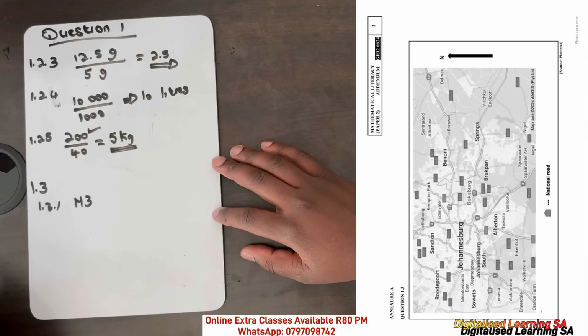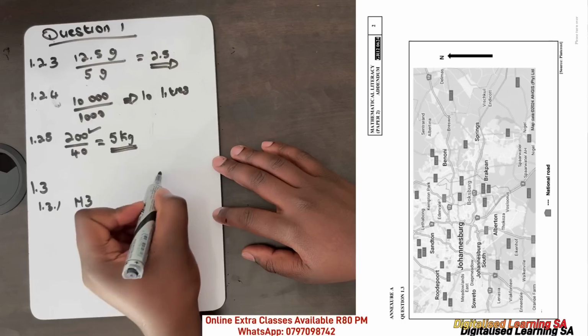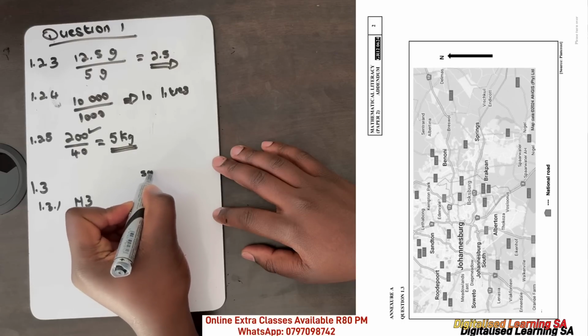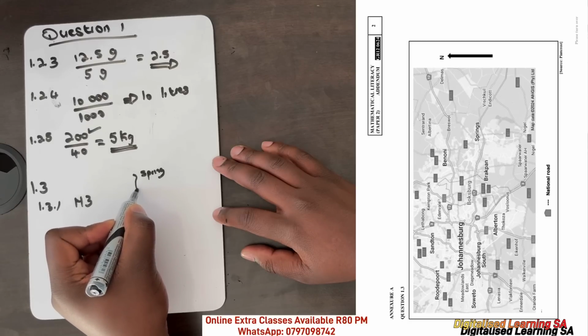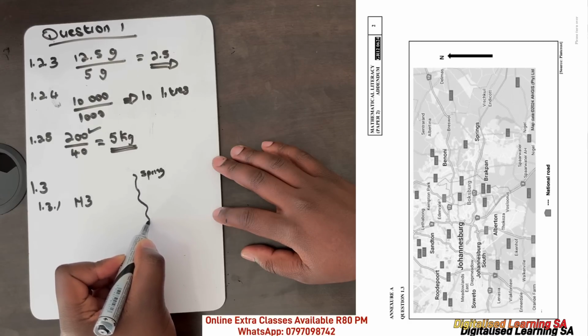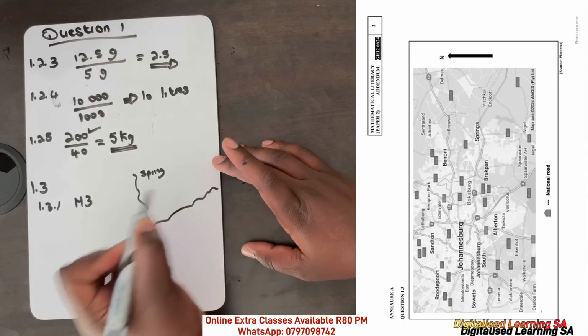There's the N3 there, so it's written 3. Maybe we can just show it here. So there's the N3 that goes like this, and then it comes this side.